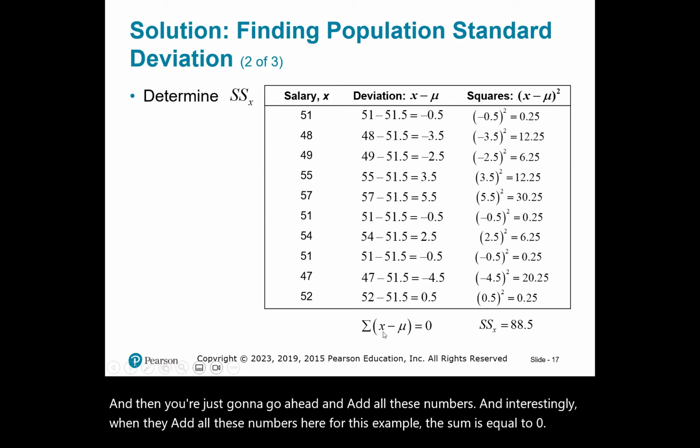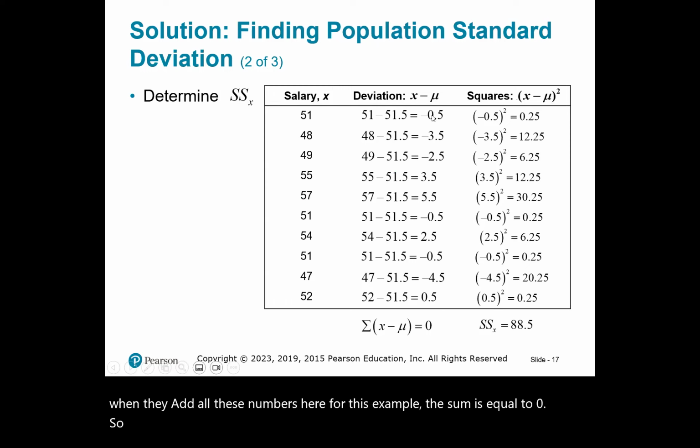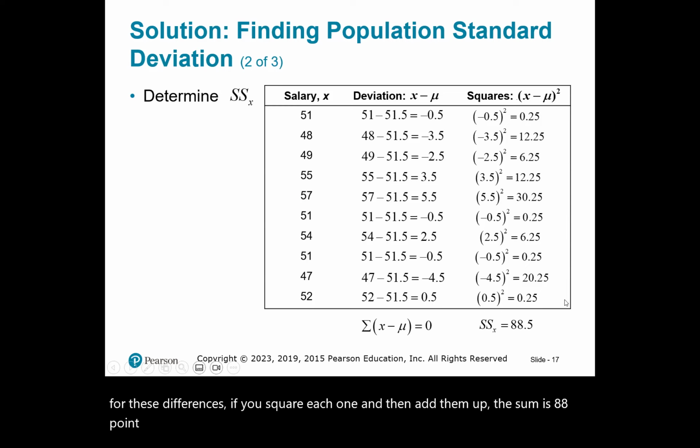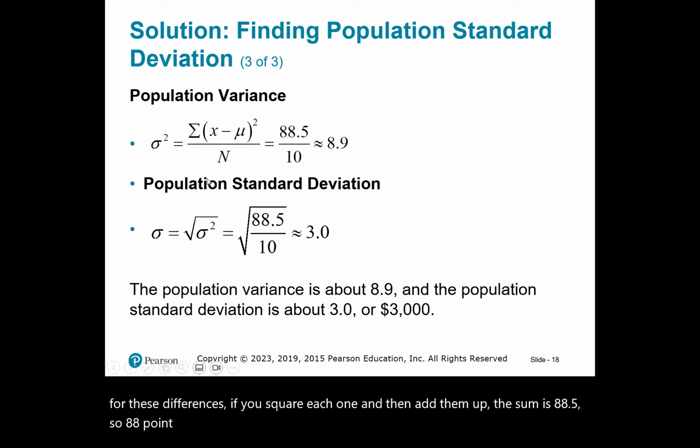So x minus mu, when you add them up, the sum is 0. But if you square each difference and then add them up, the sum is 88.5. Now for the variance, you're going to divide 88.5 by 10, which becomes 8.9.